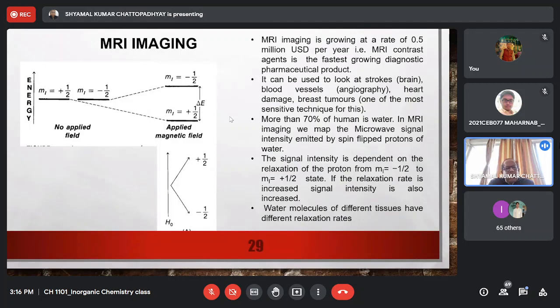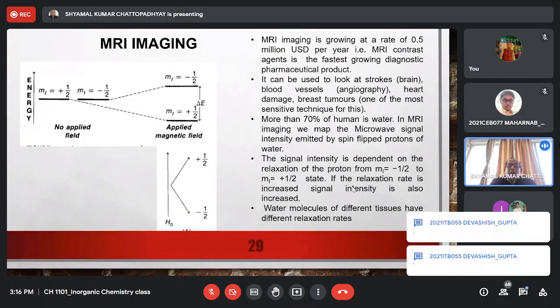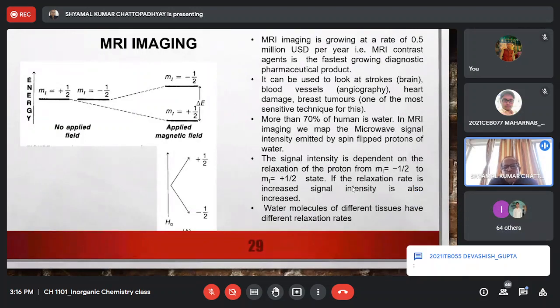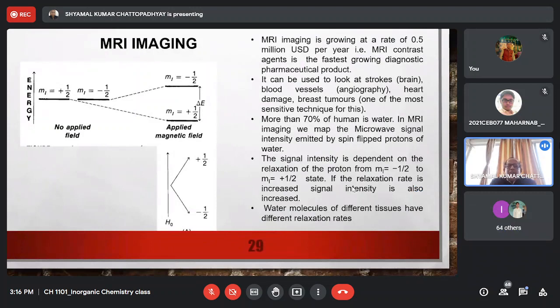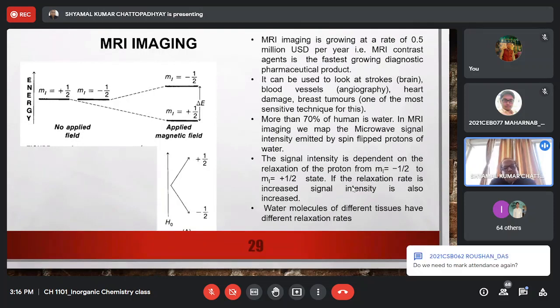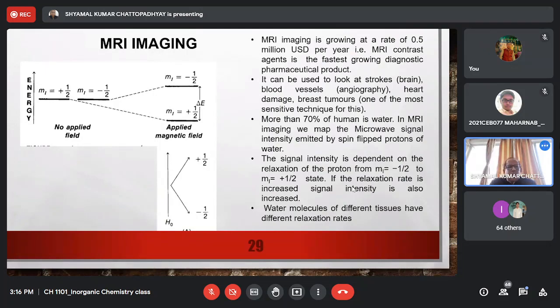So it can be done in various ways, but the theory is that if tissue damage occurs, then obviously there is more swelling, and swelling causes accumulation of more water, and obviously the image of a damaged tissue will be somewhat different from that of undamaged, normal tissue. And so one may distinguish a damaged tissue or damaged organ from an undamaged organ or undamaged tissue.